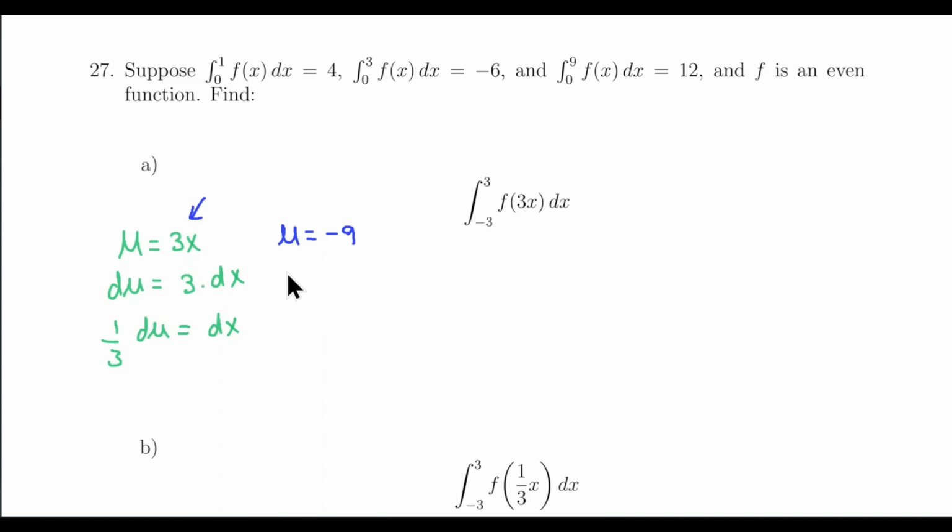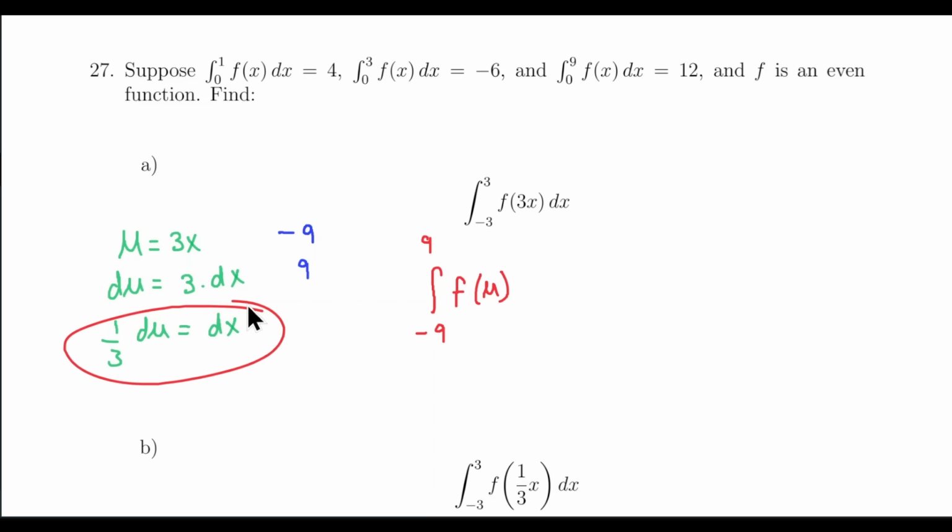And the upper bound will become, that's not right, u here. The lower bound will become minus 9. You understand? An upper bound, if I put 3, will just become 9. So the question boils down to negative 9 to 9 of f of 3x, which can be written as f of u, and dx is 1/3 du. So this will look like 1/3 times negative 9 to 9 of f of u du.